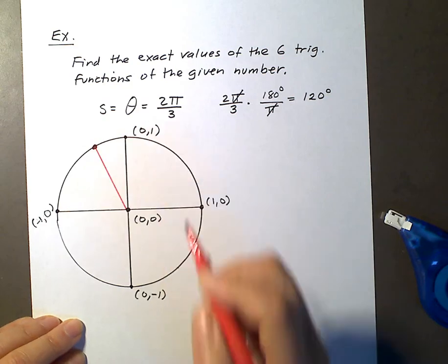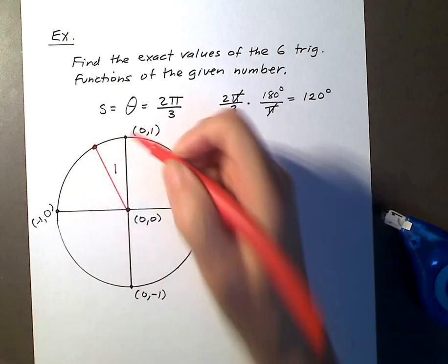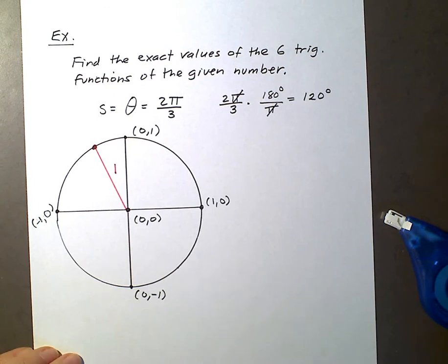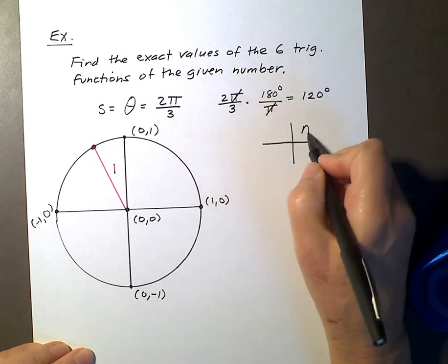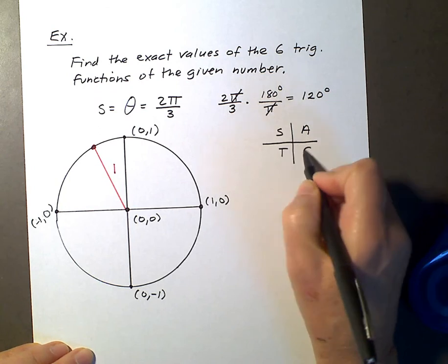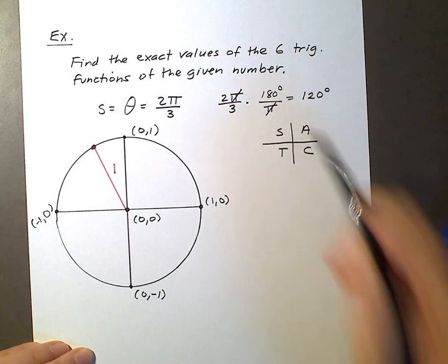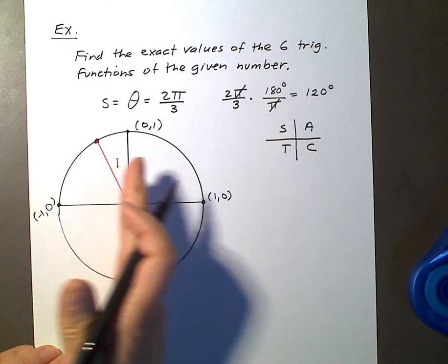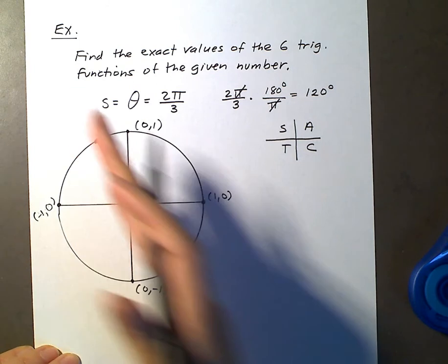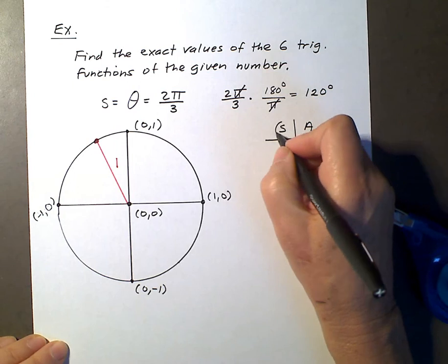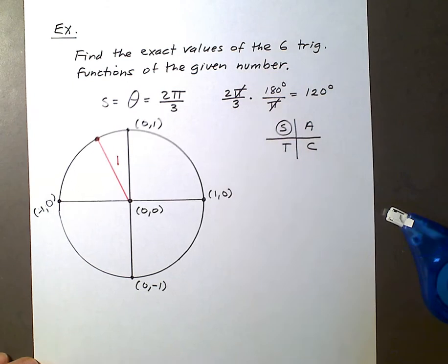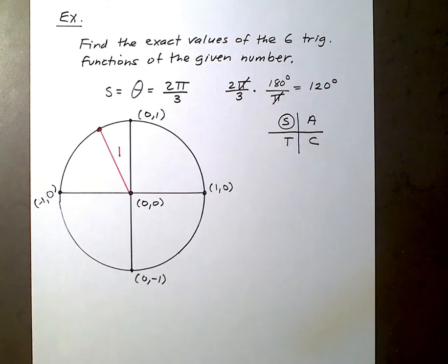Okay, remember its radius is 1. And if we recall the little memory helper, All Students Take Calculus, we know that in quadrant 2, because we go left on x and up on y, cosine will be negative. Well, this tells us sine is the only positive basic function in that quadrant, for starters.